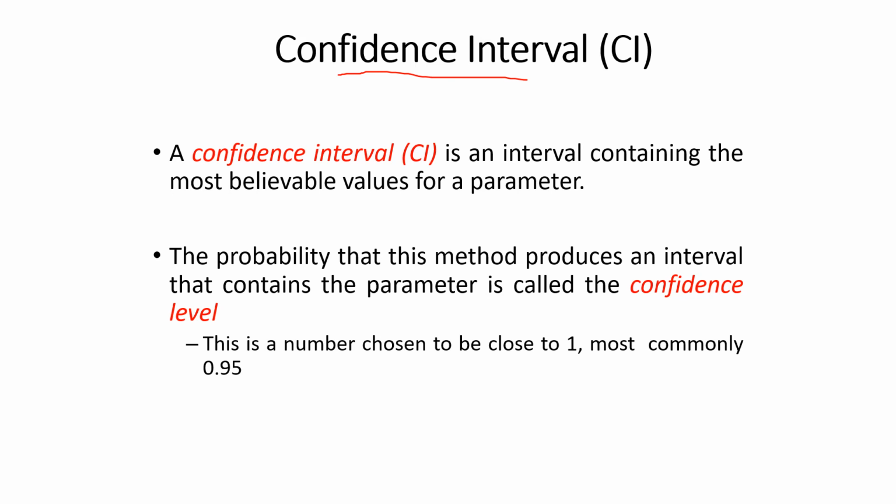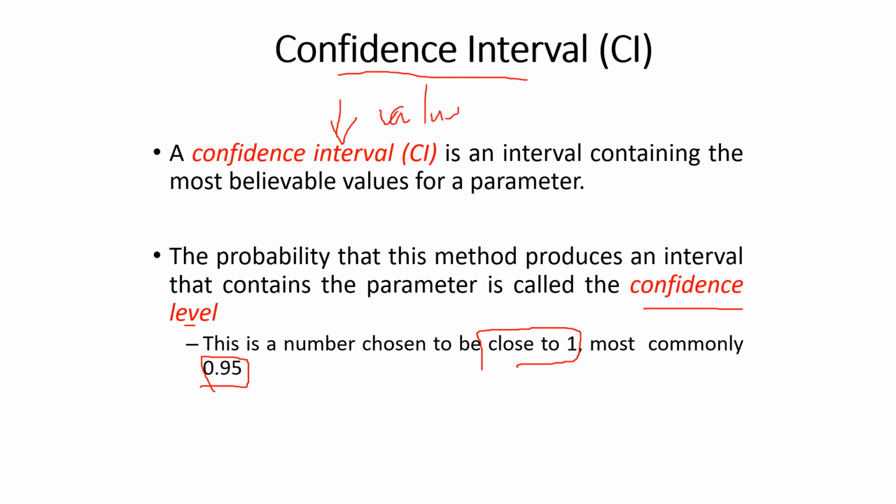A confidence interval is an interval containing the most believable values for the parameter. The probability that this method produces an interval that contains the parameter is called the confidence level. We choose a number close to 1, most likely 0.95. This is what we call the confidence level.